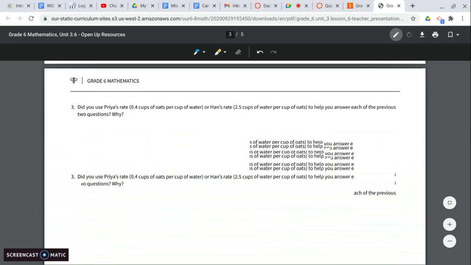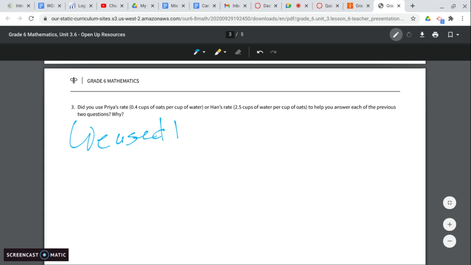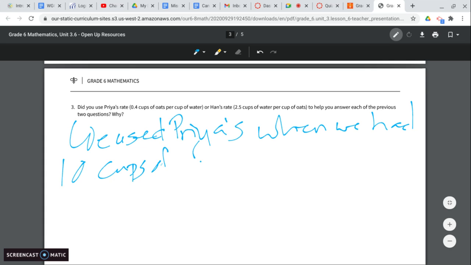So having these 2 different unit rates makes it a lot easier to solve when we're dealing with opposite situations. So did you use Priya's rate of 0.4 cups of oats per water or Han's rate, 2.5 cups of water per cup of oats, to help you answer each of the previous questions? Why? Well, we used both. We used Priya's when we had 10 cups of water and wanted to find oats.